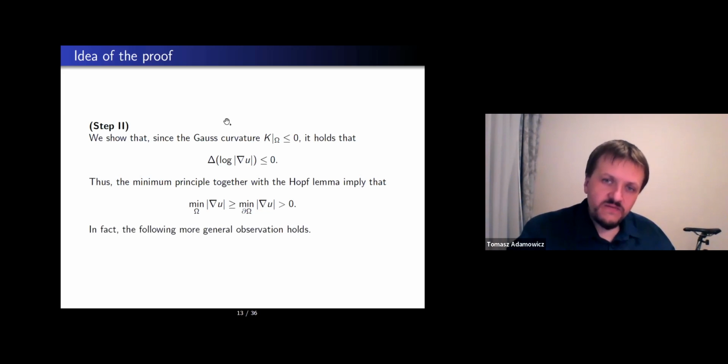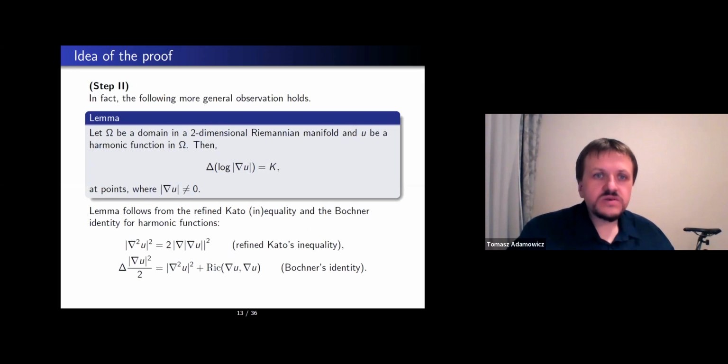In fact, the first observation is a special case of a more general result, which I will state now. If Ω is a two-dimensional Riemannian manifold and u is a harmonic function in Ω, then the Laplacian of the logarithm of the magnitude of the gradient of u is equal to the Gaussian curvature at points where the gradient is non-zero.